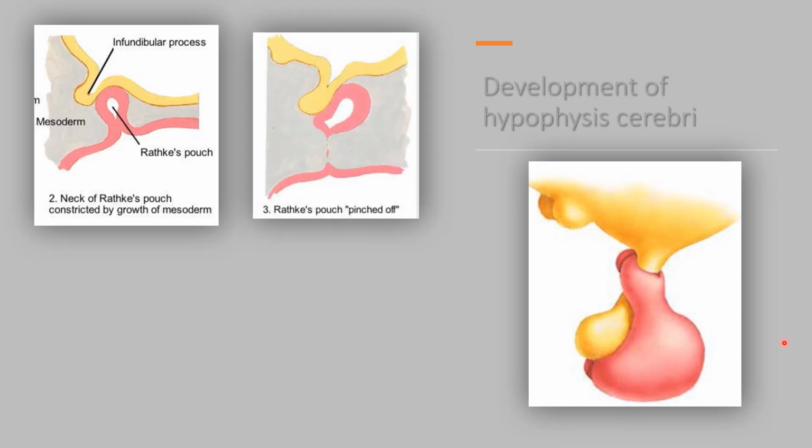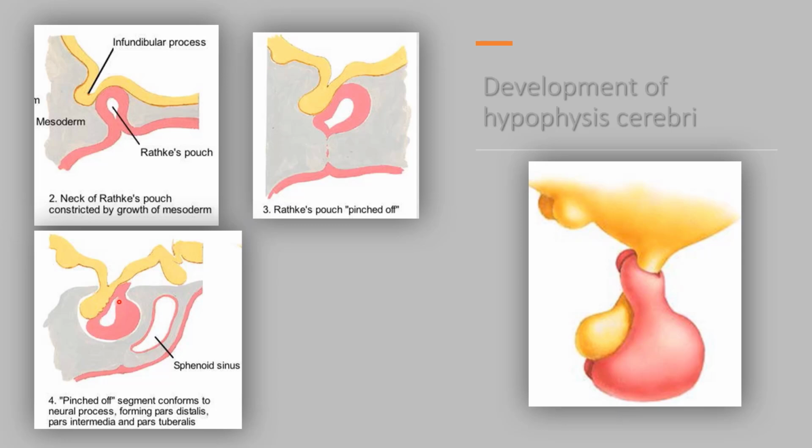So in further development, Rathke's pouch completely gets detached from the surface ectoderm of the oral cavity at its roof, and this forms pars anterior with Rathke's pouch inside, which goes very much approximated towards the infundibular process of the developing brain. It is almost approaching the infundibular process, having three different components for the pars anterior.